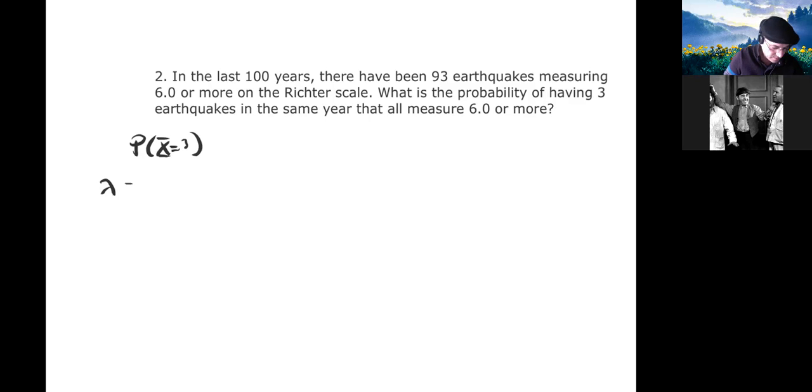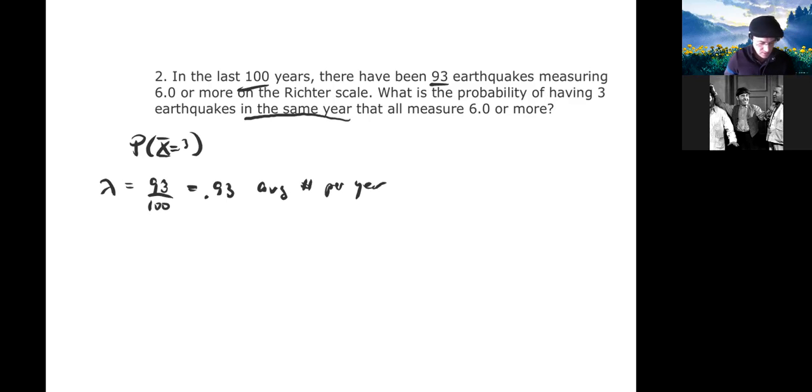Well, what's lambda? There are 93 earthquakes in 100 years, and we want the average number of earthquakes per year. So 93 over 100 gives you the average number per year. We need to use that because we want to know about the same year.